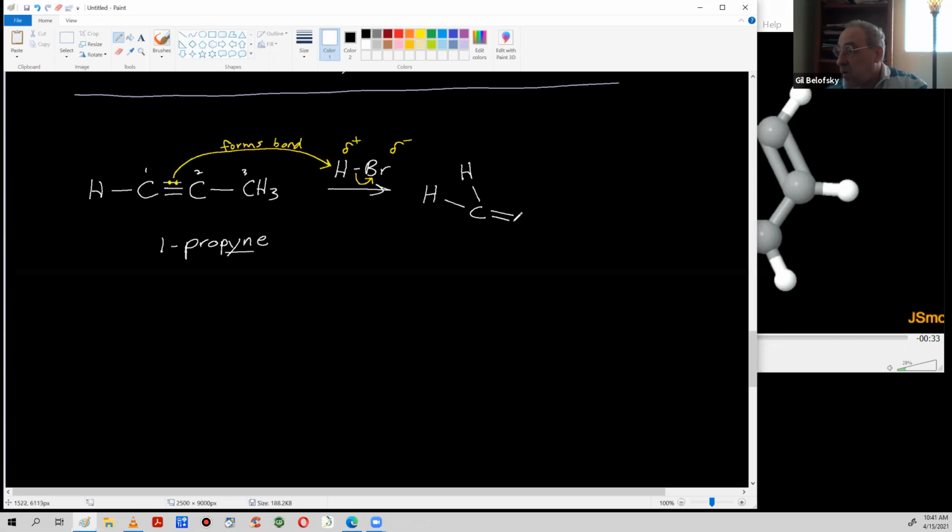We now are left with a double bond instead of a triple bond, right? And then this methyl group is still there, and the plus charge is on the carbon that had fewer hydrogens to start with. So I'm really just applying what we learned above to this, and the only difference is instead of going double bond to single bond, you're going triple bond to double bond.